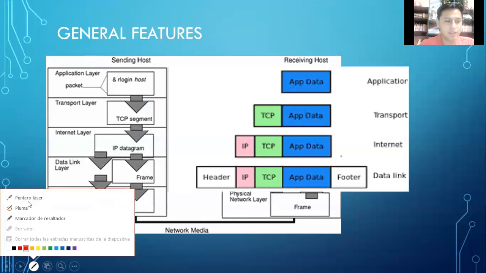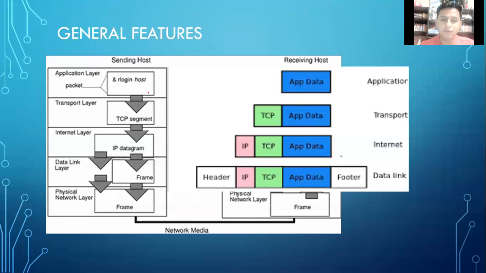To begin, we need to understand how the information is sent from the sending host to the receiving host. In the application layer, the data is generated. Now, the data needs to be encapsulated to be transported to the next layer, the transport layer.